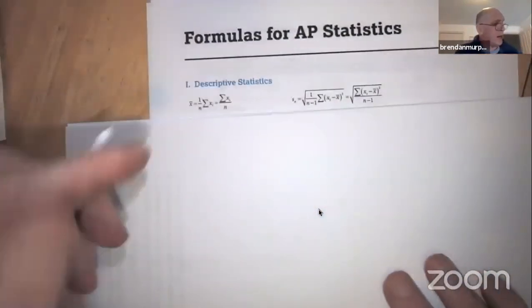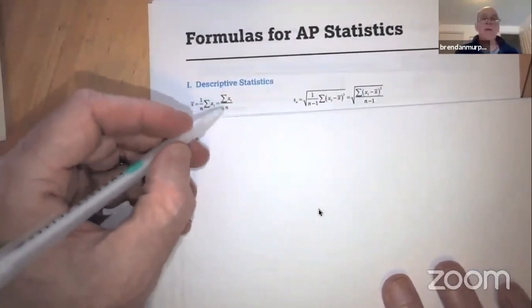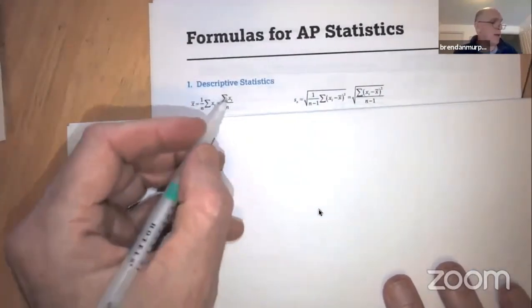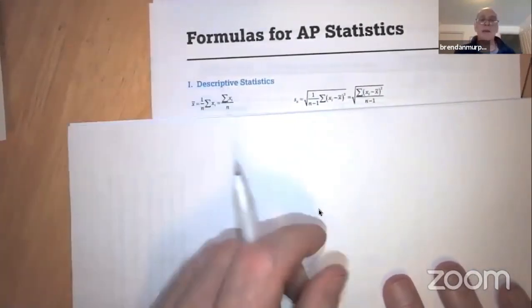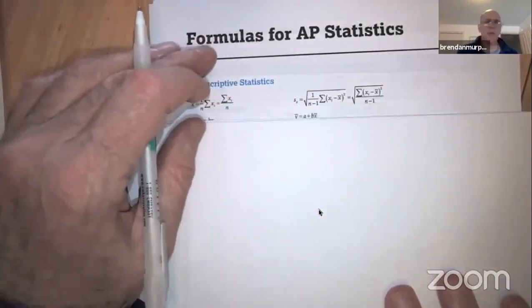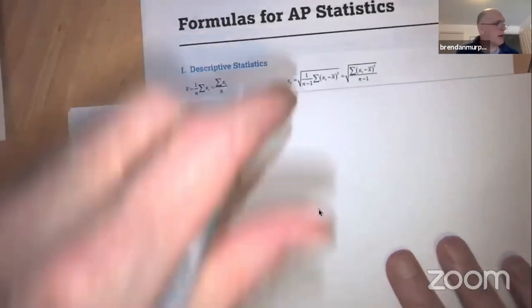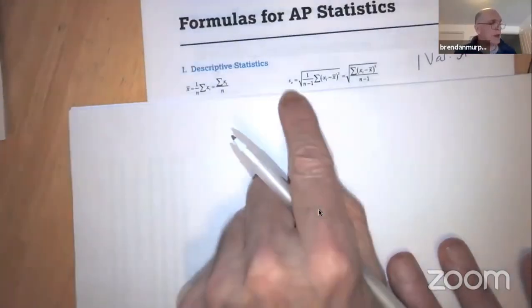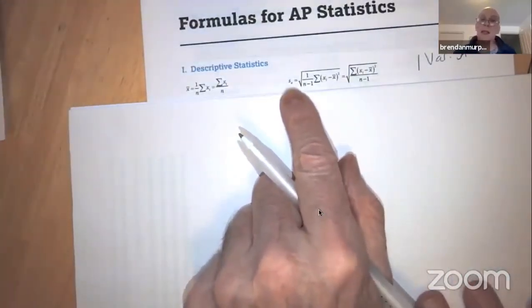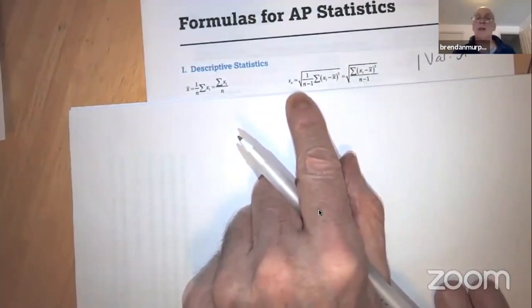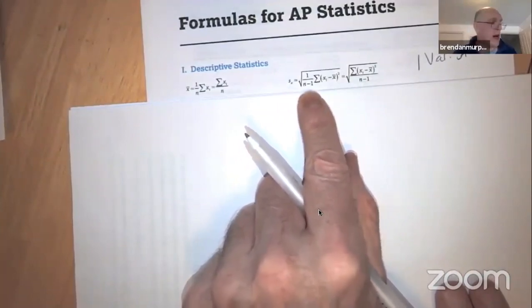So I guess right up here we have x bar, which is the sample mean. Kids know how to figure that out. Sometimes this nomenclature makes it look even worse, but that's a simple formula, and you've done that before. So these first two formulas are what I would call one variable statistics. And this is the formula for your standard deviation, and you probably learned that in September or something way back when.